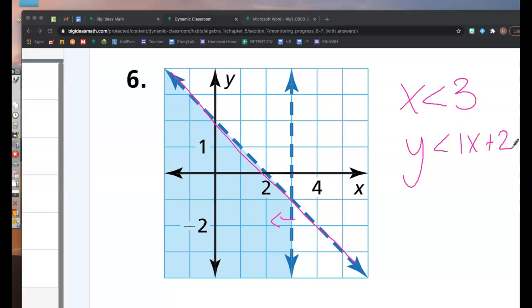I disagree. What do you disagree with, Callie? I feel like the 1 should be negative. She feels like the 1 should be negative because it's going down 1, then over 1. Wait, so on these dotted ones is it always going to be a 1 and 1? No, you just have to count the slope. It'll be different for all of them. It just happened to be.